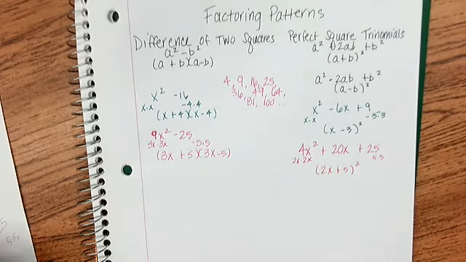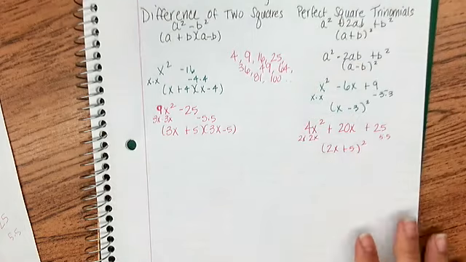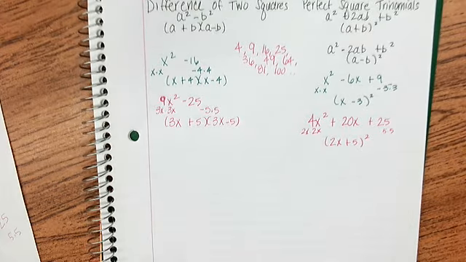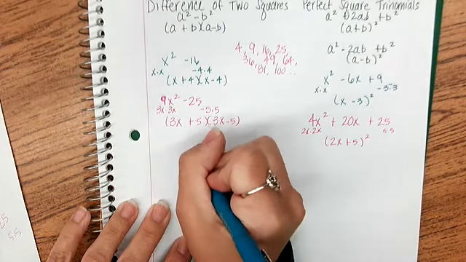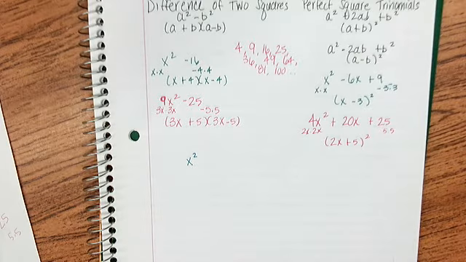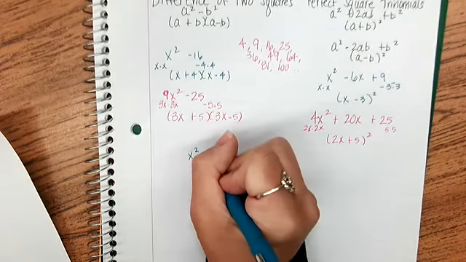So what I want to look at right now is a little bit more complex perfect square trinomials. So let's say you didn't recognize that it was a perfect square trinomial. Let's stick with x squared minus 6x plus 9.